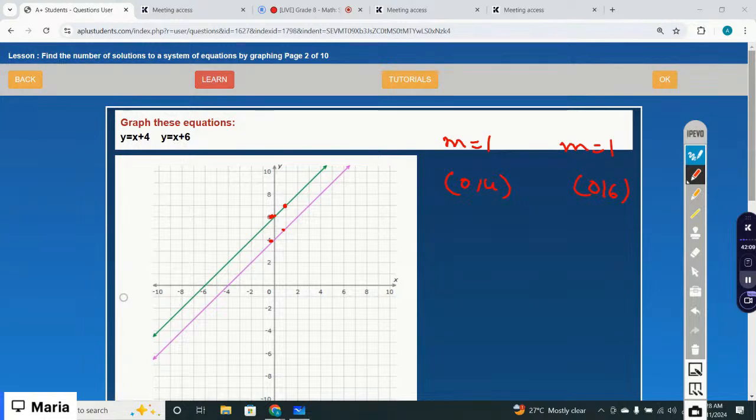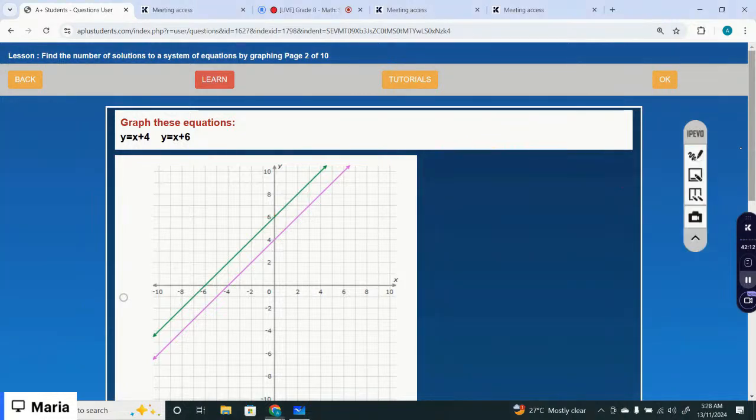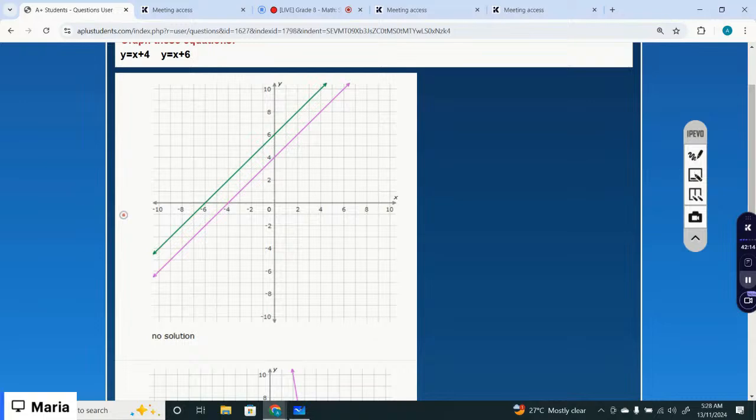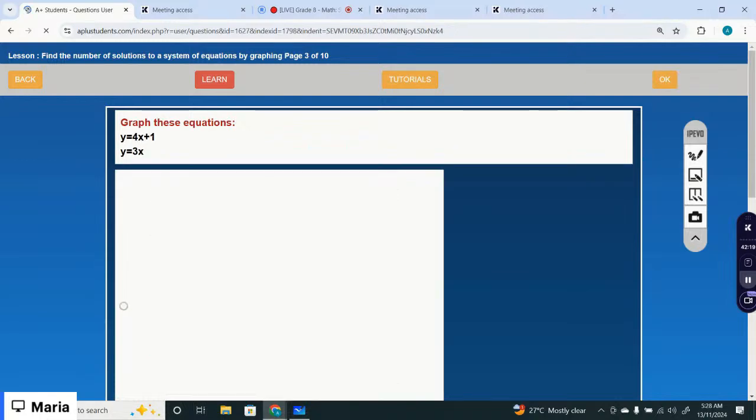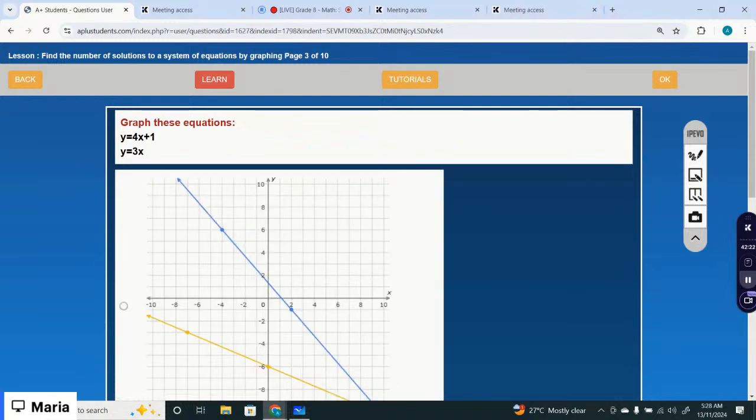Option number one is the correct option. No solution, right? Graph these equations: y equals 4x plus 1 and y equals 3x.